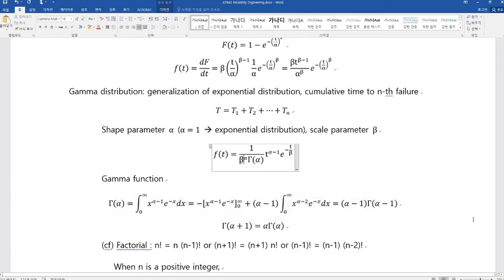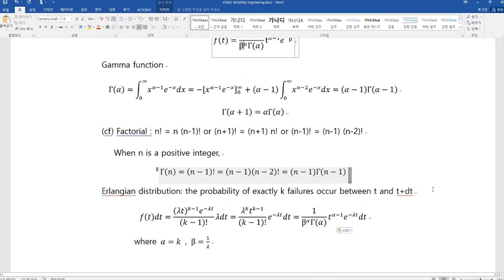It can be any real number. So that's the difference between the gamma distribution and the Erlang distribution.